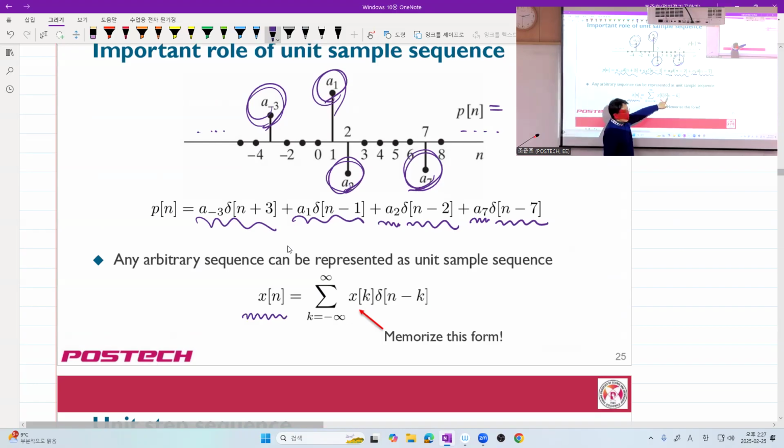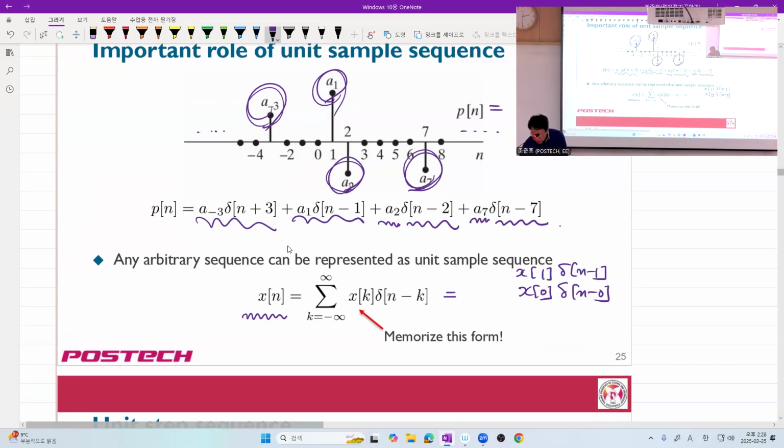No. So this is the function of n. If you rewrite this one, for example, for k equals 0, you have this one. For k equals 1, you have that, dot, dot, dot. And for k equals -1, you have this one, dot, dot, dot, plus, plus, plus.